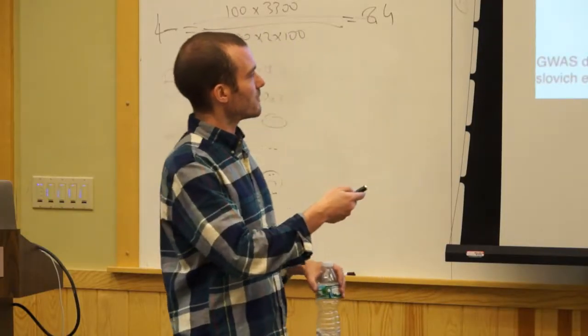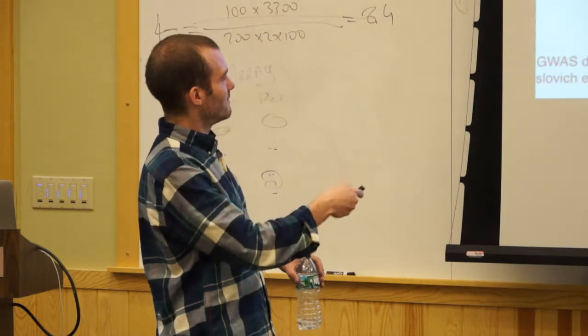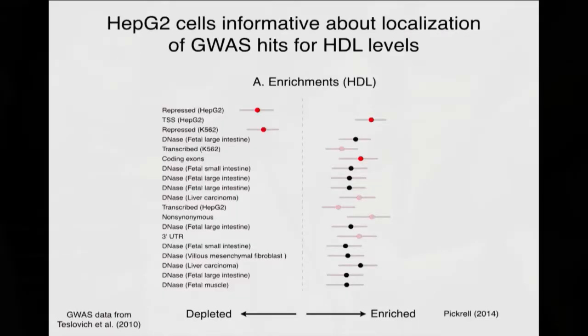So a lot of these things are really highly correlated. Here, fetal muscle, actually, is the enrichment of DNase regions in muscle. And it's pretty highly enriched, even though muscle has nothing to do, as far as I know, with lipid metabolism. But this is probably correlated with one of these here, transcription start sites in HepG2 cells or something.